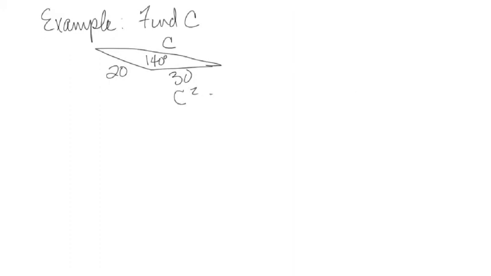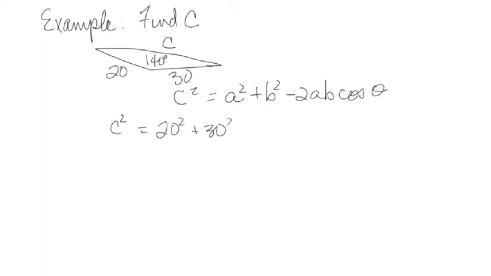Starting with our equation. And I want to emphasize that you want to write out the equation. It'll help you learn it, and it'll help you track backwards in case you have a problem. C squared is 20 squared plus 30 squared minus 2 times 20 times 30 times the cosine of 140 degrees.